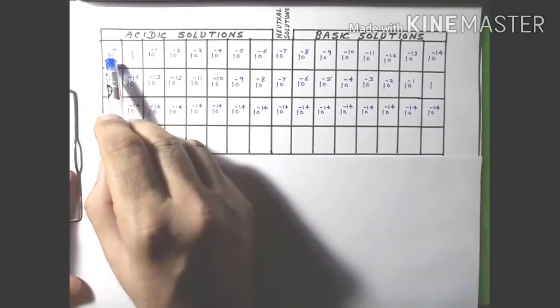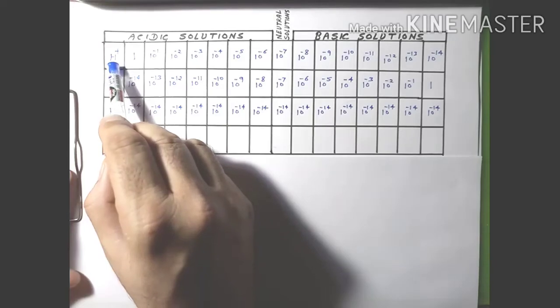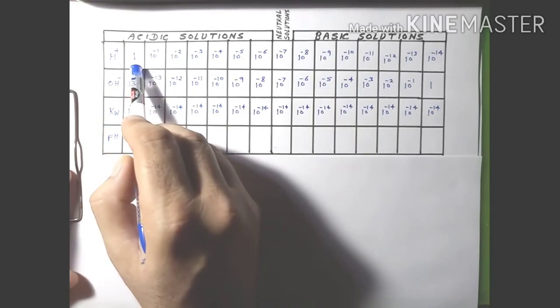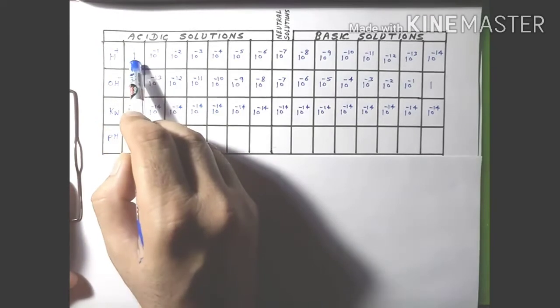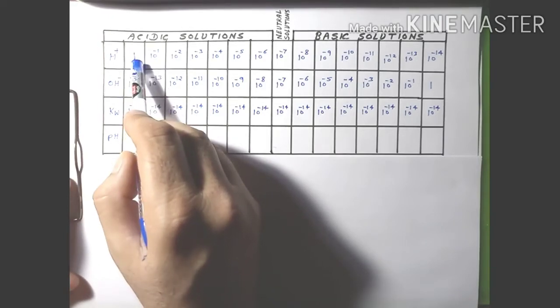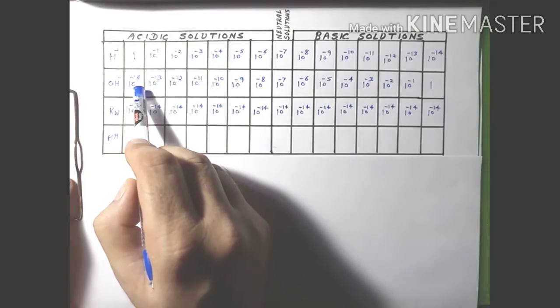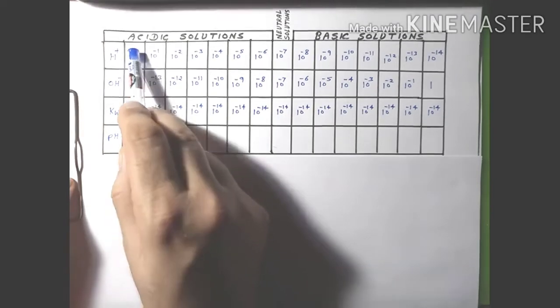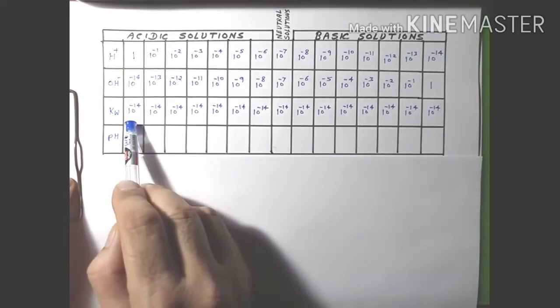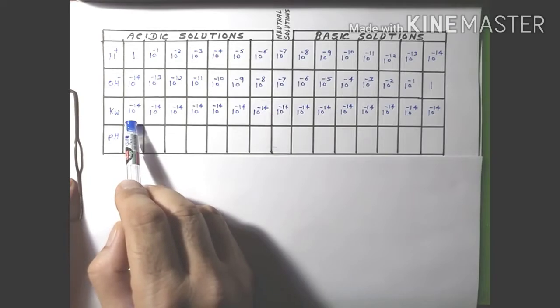Now see, if in a solution the concentration of H plus ion is 1, and 1 is the highest concentration of H plus ion, in the same solution what will be the value of the OH minus ion? That will be 10 to the power minus 14, because the product of these two should remain the same, 10 to the power minus 14.